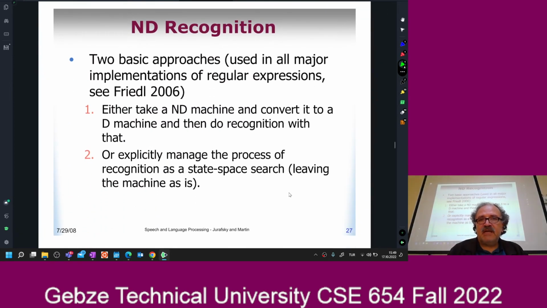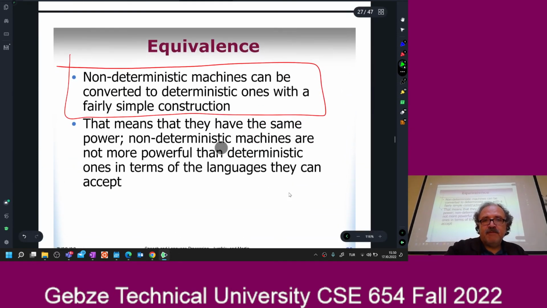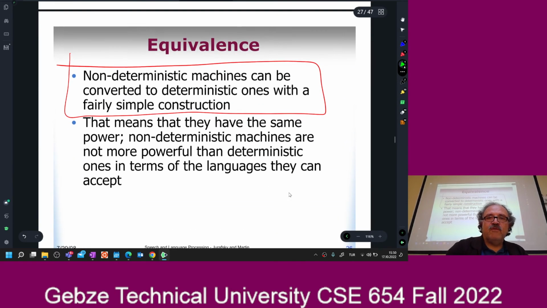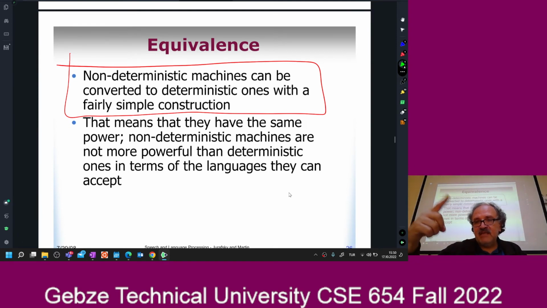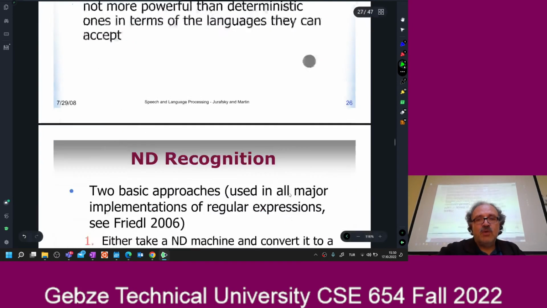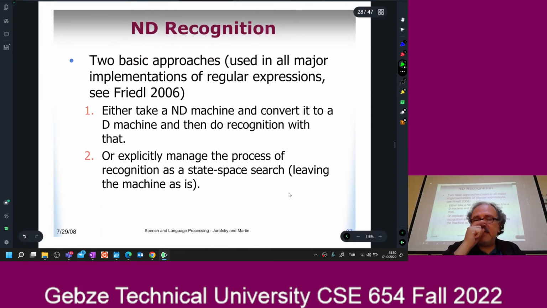Non-deterministic recognition, we talked about this. We can do it two ways. Using this algorithm, convert a non-deterministic finite state automata to a deterministic one and run it with the D-recognize algorithm that we have seen, or run it directly using the state space search that we have seen before.